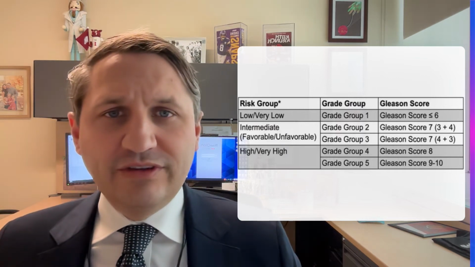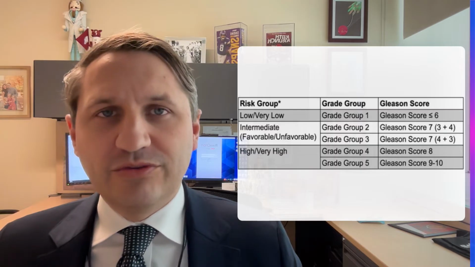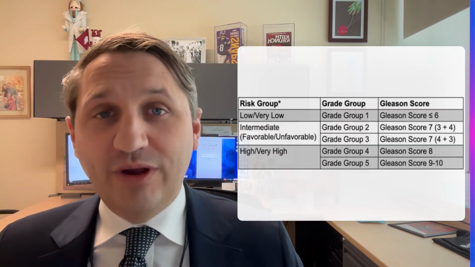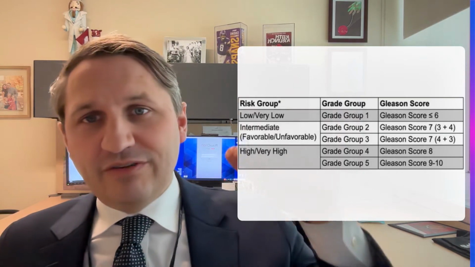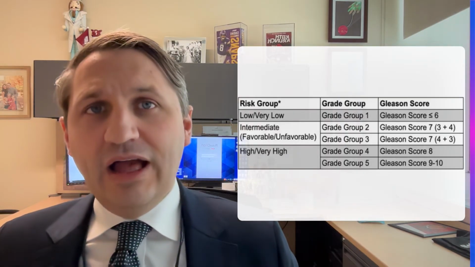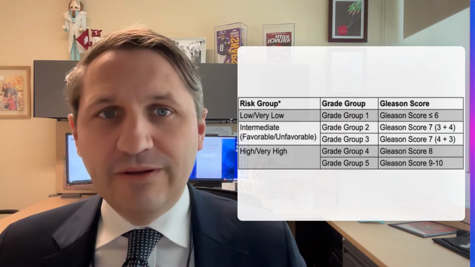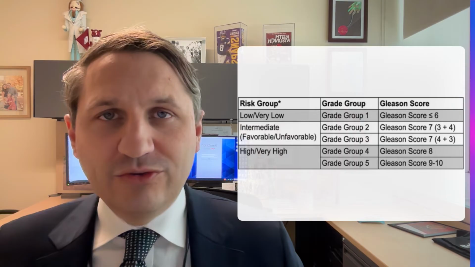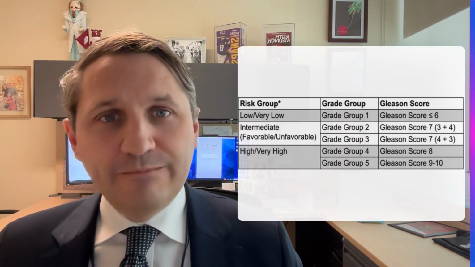When we put these things together, we think it's a little bit easier to communicate about these results when we put them into the grade group system. The next video will go over the risk stratification of the grade group system. However, as you can see here, Gleason 6 disease, as indicated on top, is grade group 1, or actually the lowest risk.